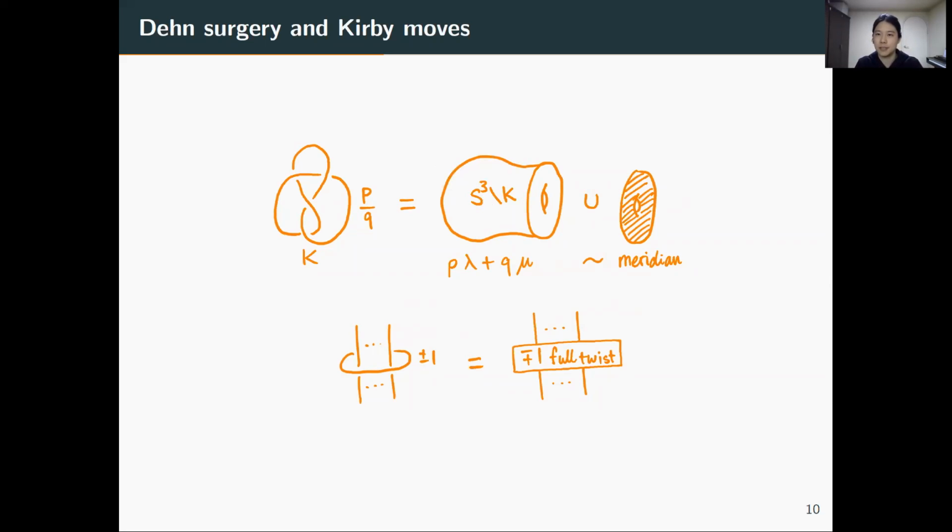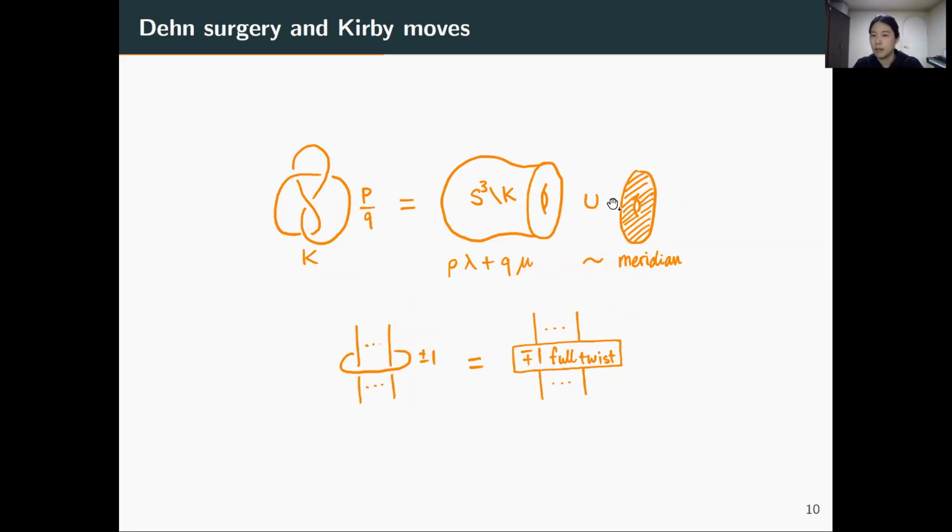Now, by gluing a solid torus along the boundary of this knot complement, we can get a closed 3-manifold. The way to glue the solid torus to this knot complement is described by this number p over q.